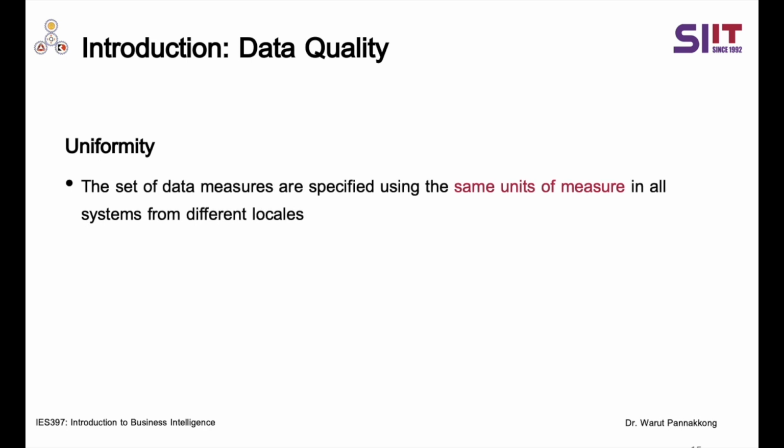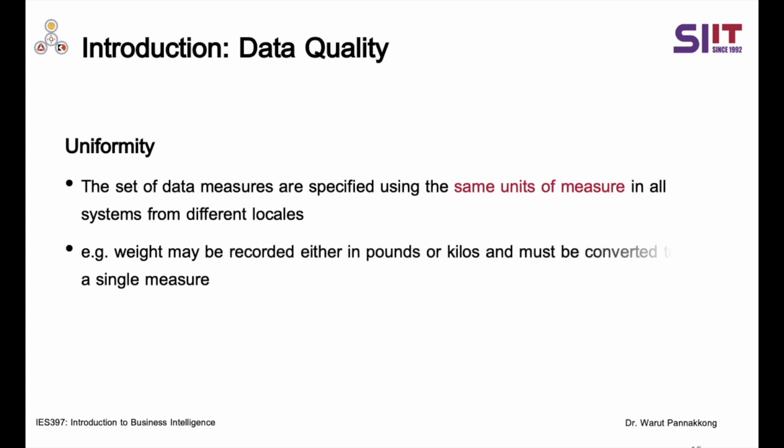Next is uniformity. Uniformity means the set of data measures are specified using the same units of measure in all systems from different locales. For example, weight can be recorded in pounds and kilograms.